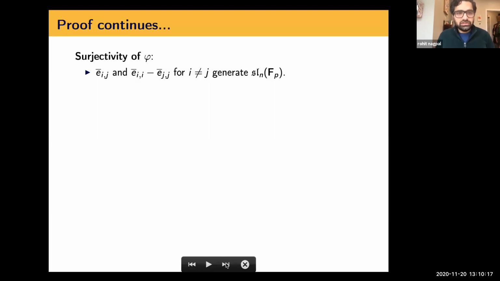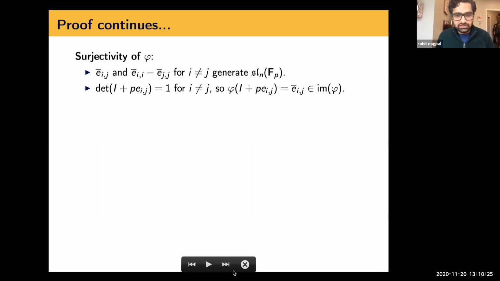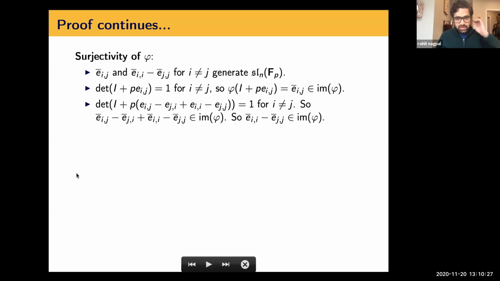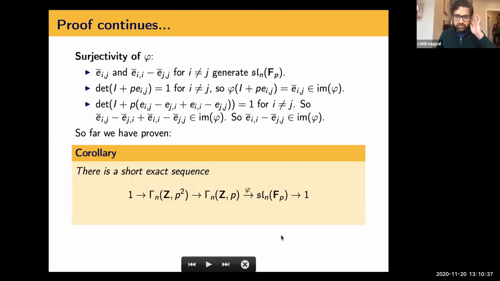All we have to do is construct matrices that under phi go to these things, and they're pretty easy. You can just construct them. So in the next two lines, I'm giving the construction. It's pretty easy to come up with these, right? So surjectivity is there. So far we have proven this.